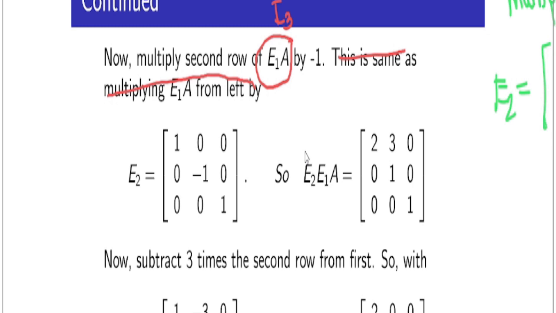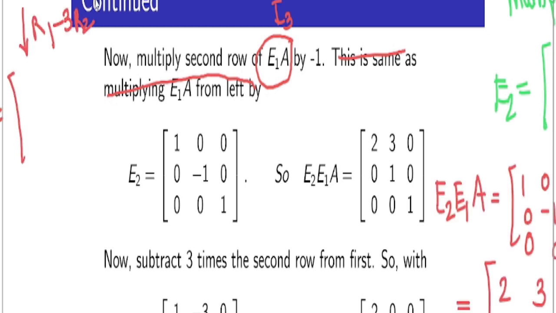Because this operation depends on matrix A. That is, first we observe the matrix A and then we apply some row operation for getting elementary matrices.